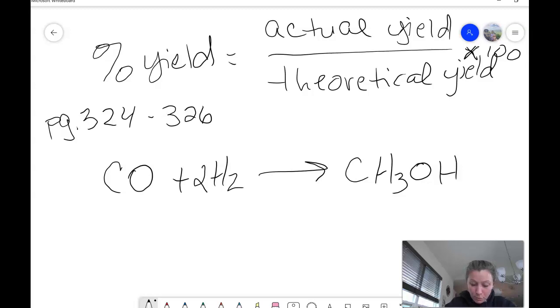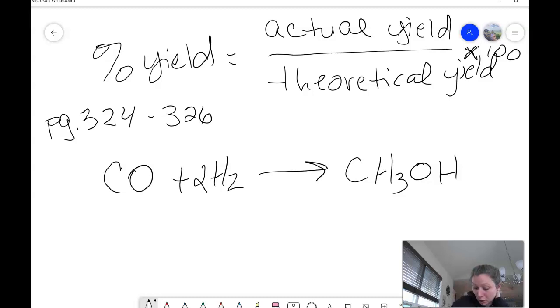The question says, suppose 68.5 kilograms or 6.85 times 10 to the 4th grams of carbon monoxide is reacted with 8.60 kilograms or 8.60 times 10 to the 3rd grams of hydrogen. Calculate the theoretical yield of methanol.